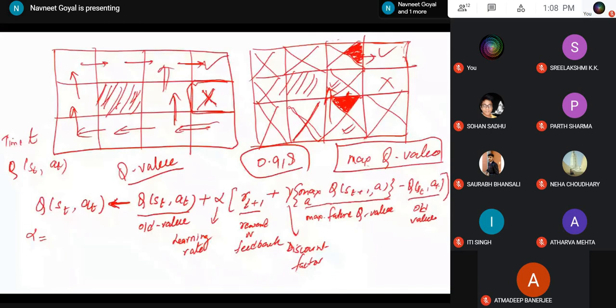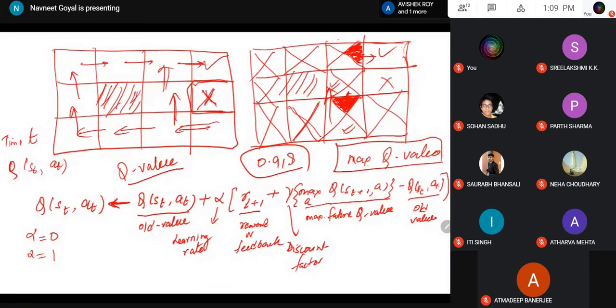All right, so alpha is the learning rate. So how do you see this? It decides how much future actions should be taken into regard while taking a decision. So if alpha is 0, right? So let us look at the two extremes. Alpha is equal to 0 and alpha is equal to 1.